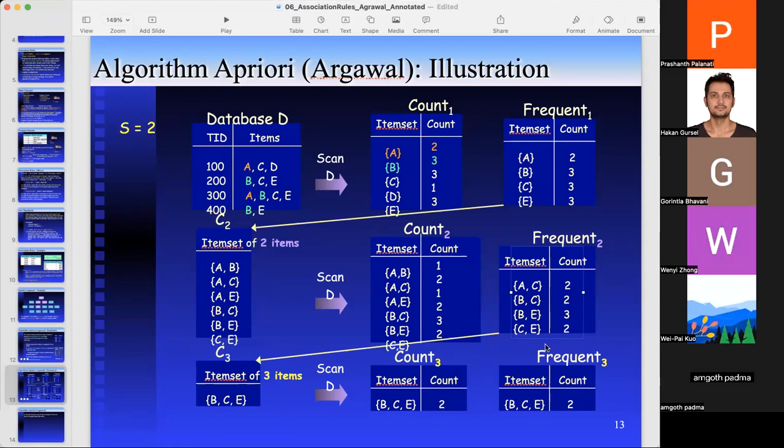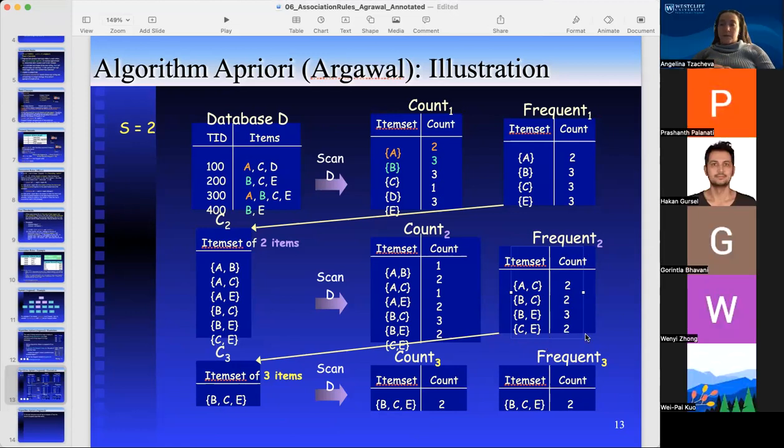All the other ones I just mentioned have a count of either 1 or 0, which is less than the threshold. So this algorithm ends here because there is only one set that we get here, BCE.